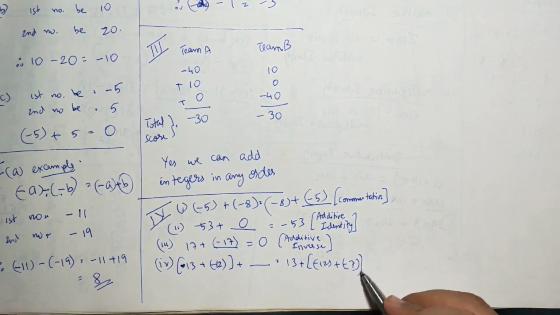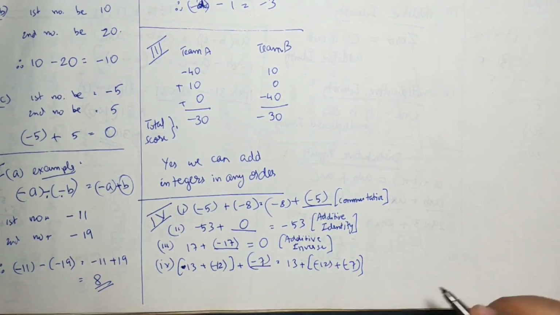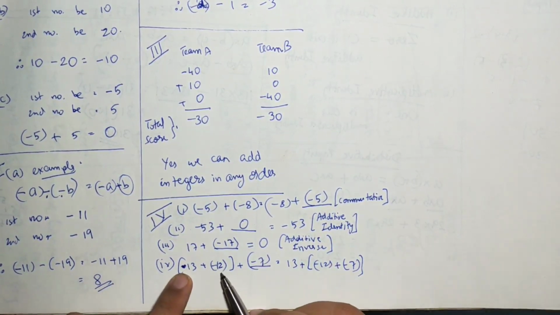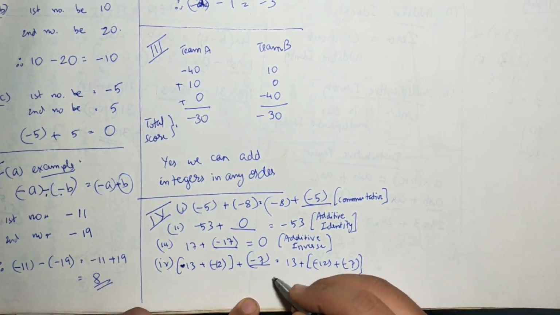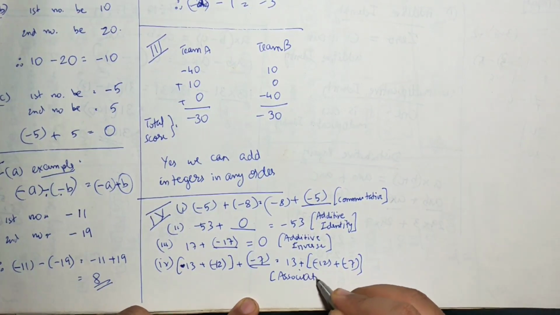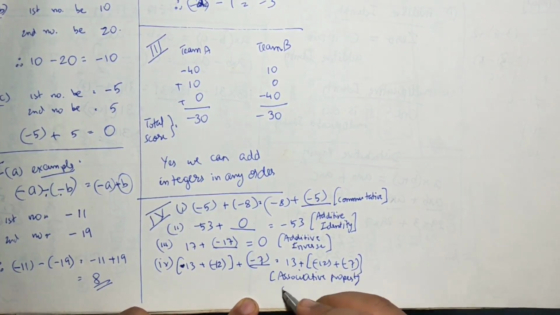So as you can see, minus 7 is missing. So here it will be minus 7. First two numbers are added, then the third number is added. Here the last two numbers are added, then the first number is added. This property is associative property over addition.